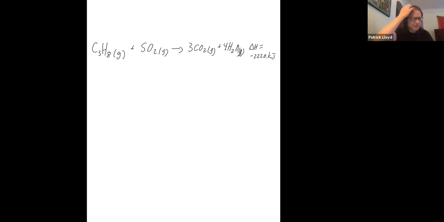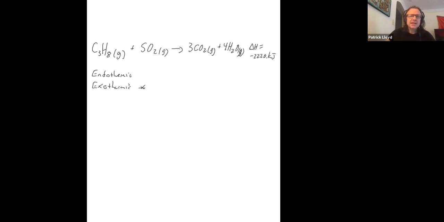There we go. Sorry, I could barely fit that in there. So delta H is negative 2220. And then they ask you, is it endothermic versus exothermic? So that's obvious, right? If it's negative, it's exothermic. So we know that one. That means the energy is going to be released to the surroundings.